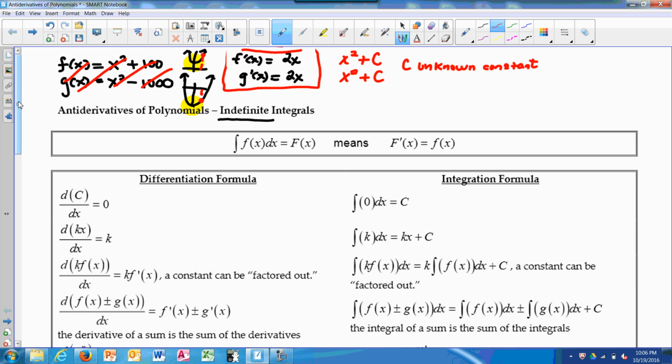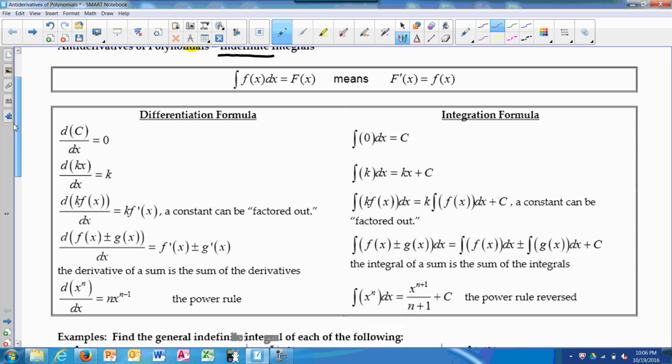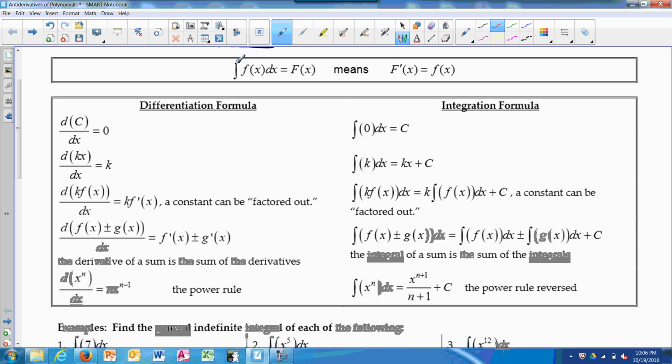So notation-wise, this skinny s, summation symbol, sort of, is basically asking us for the area. It's the y values times the width of the x's, which we know represents a base times height, or an area.